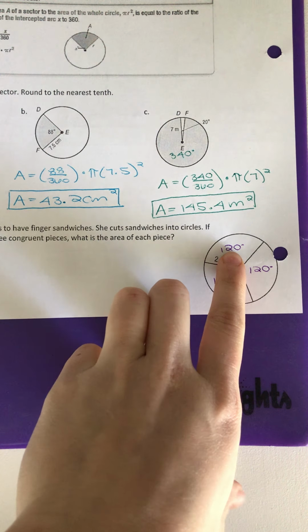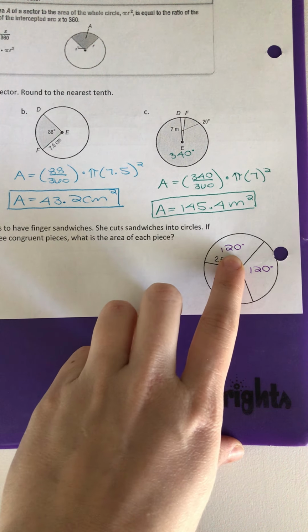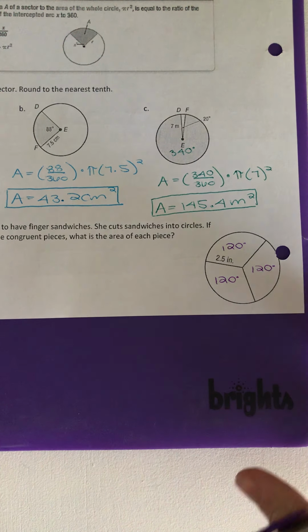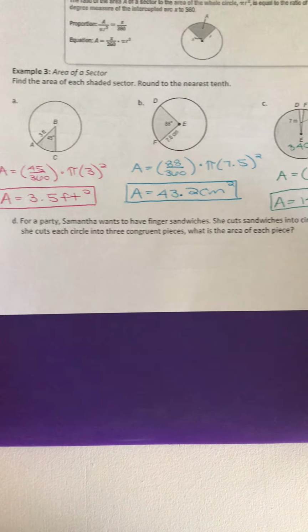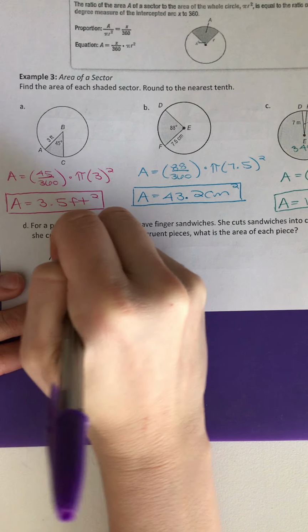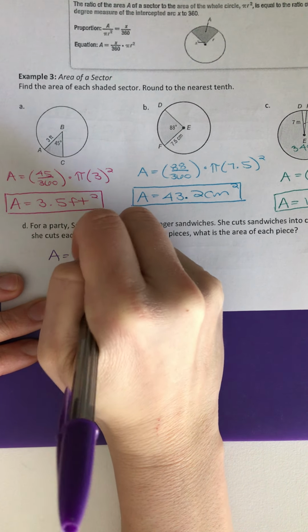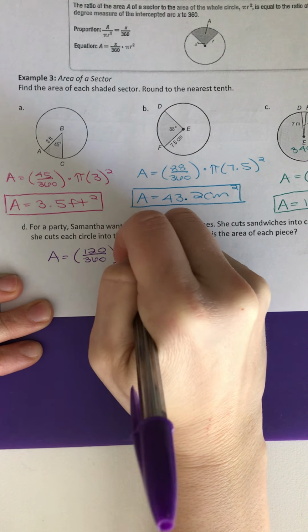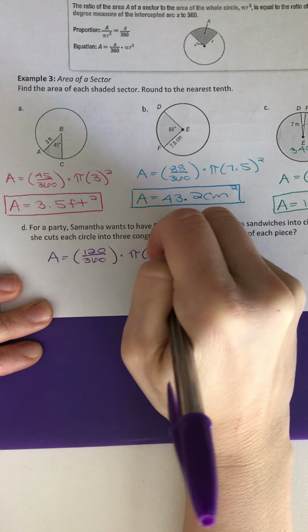So when I find the area, I'm going to use that 120 as my measurement and 2.5 as my radius. So area equals 120 divided by 360 times pi.